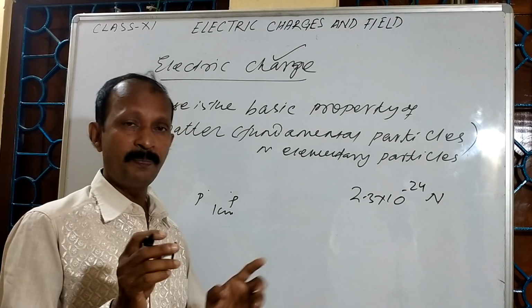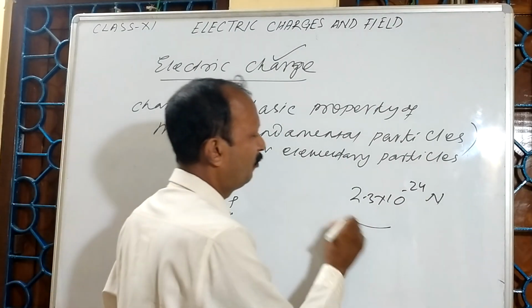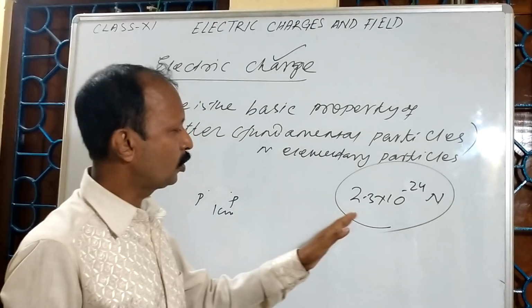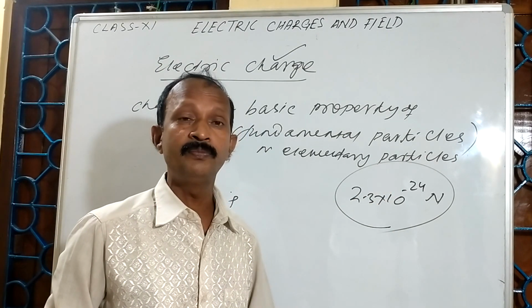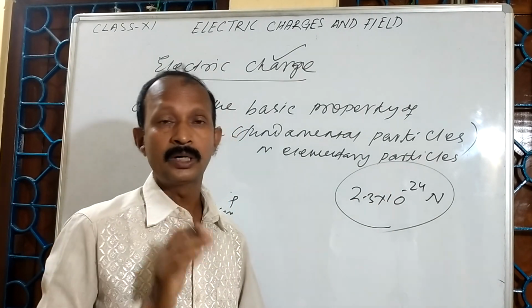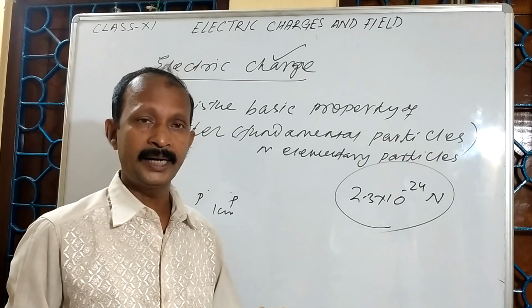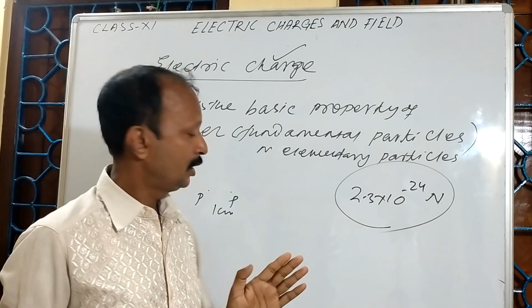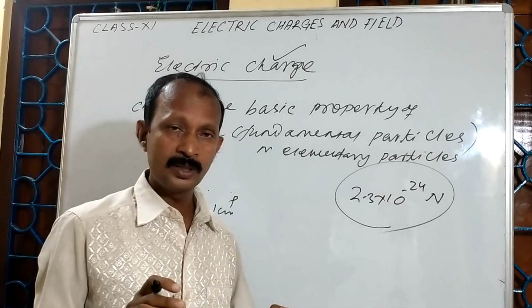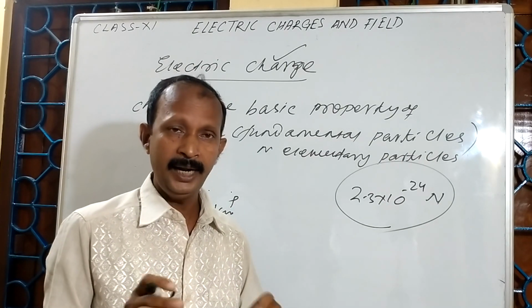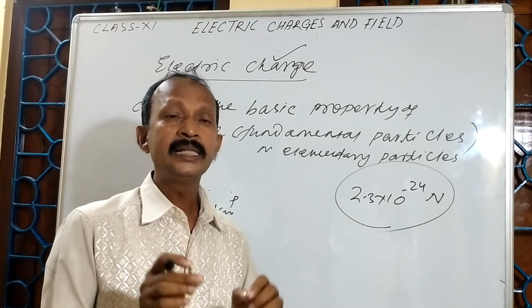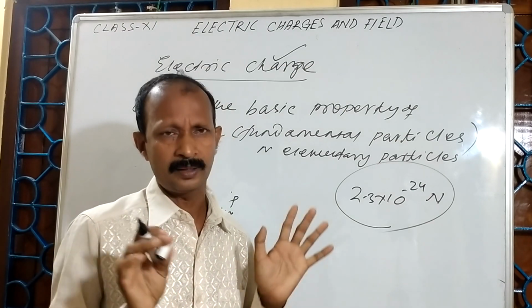They will also repel each other with a force equal to 2.3 into 10 to the minus 24 Newton. That means the proton also has an electric force. There is a gravitational force, at the same time there is an electric force. As a result, they repel each other.